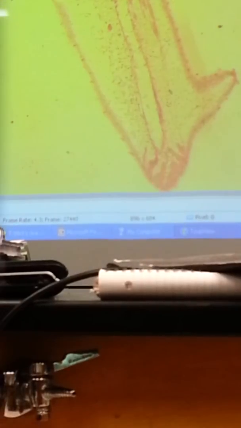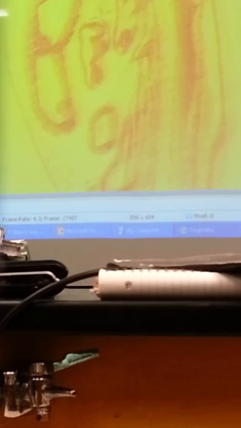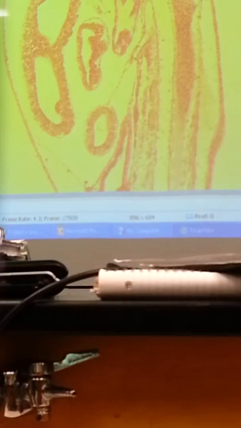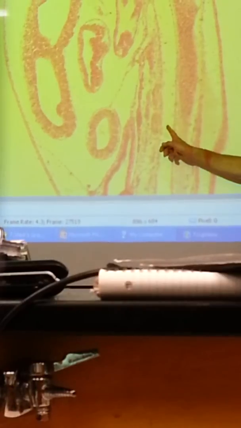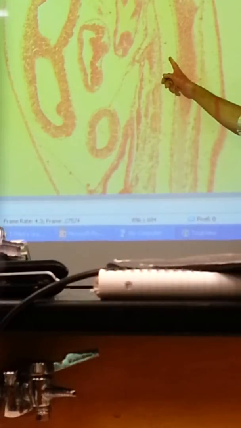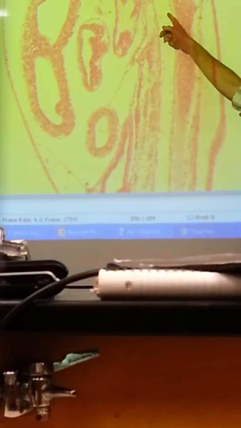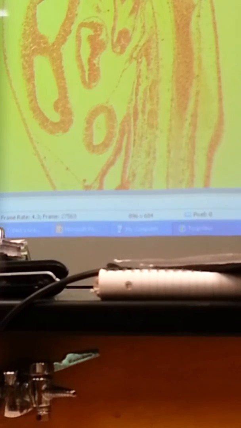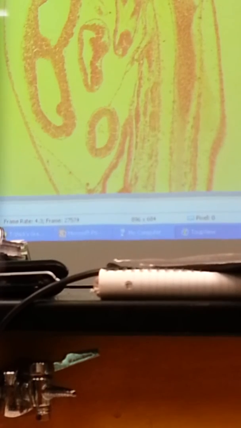You have to be on a pretty central cut. And I'm watching this going all the way up through. Compared to everything else, it looks very clear. That's the notochord, and that's a great landmark for you.